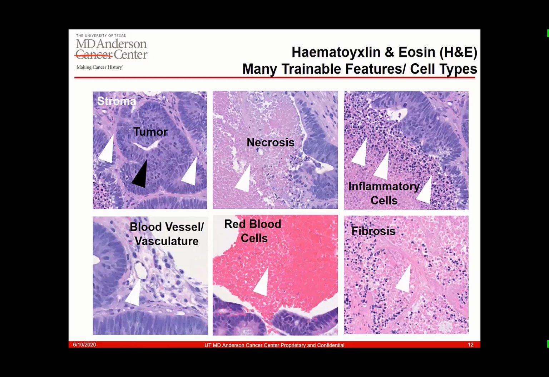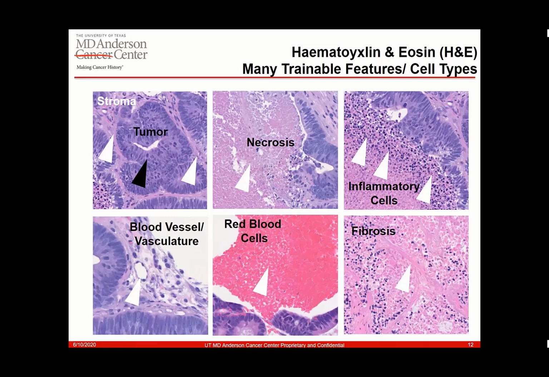I'm not a trained pathologist, so if there are people who think that I'm making a mistake here, please let me know. We have necrosis in this region. We have inflammatory cells on this boundary right here, blood vessels and vasculature, red blood cells, and then fibrosis, which looks a little bit like stroma, but doesn't have any nuclei.